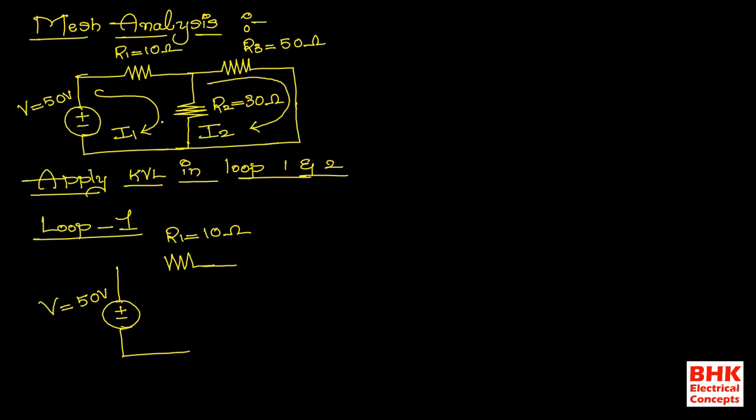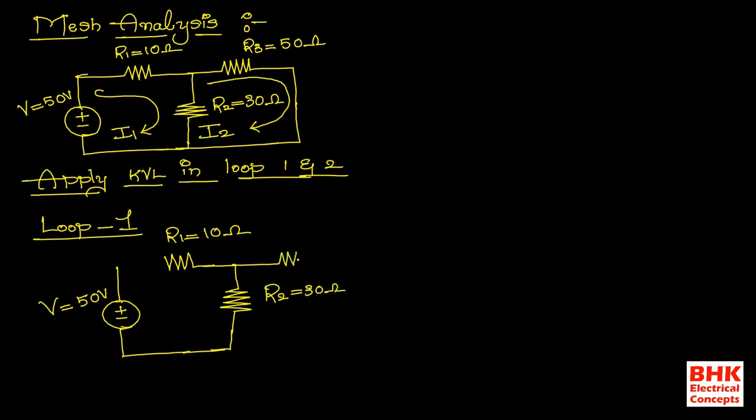That is why, when drawing the separate diagram for loop 1, we need to include R2, and when drawing the separate diagram for loop 2, we again need to include this R2, because R2 is the mutual resistance connected between the two loops. So we need to include R2 for both loop 1 as well as loop 2.